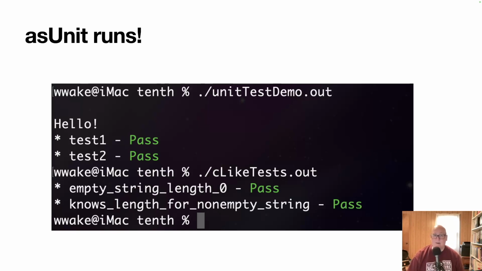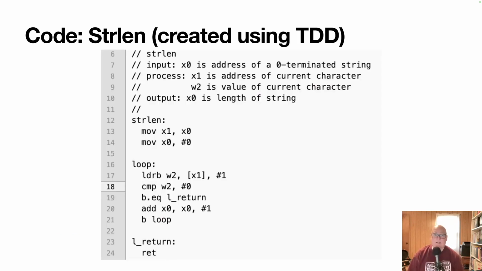Given the test macros and the assertion, we were able to write tests for string length. String length is going to get the length of a C-style string that has a 0 terminated value, so a 0 byte for the last one. The input comes in x0 as the pointer to the string. x1, we're going to copy the pointer and then use x0 as the counter since that's the return value.